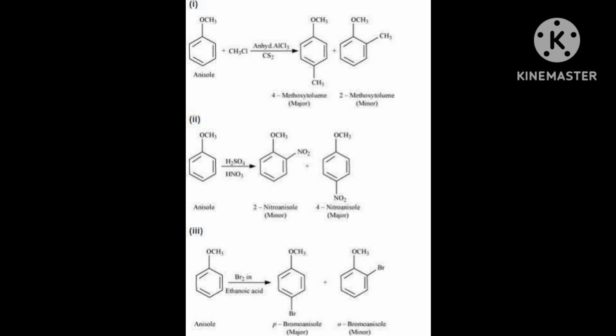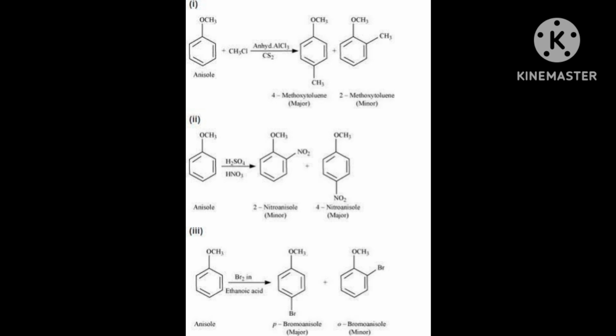In the Friedel-Crafts reaction, alkyl and acyl groups are introduced at the ortho and para positions by reaction with alkyl halide and acyl halide in the presence of anhydrous aluminum chloride, which is a Lewis acid, and here AlCl3 functions as a catalyst.